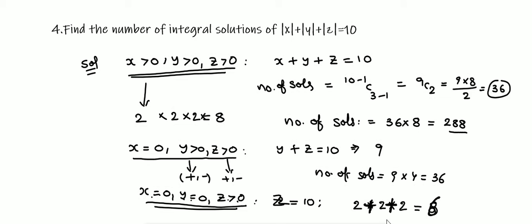It's not a product. Whereas in the second case, x equal to 0, y greater than 0, z greater than 0 is giving 36 solutions.